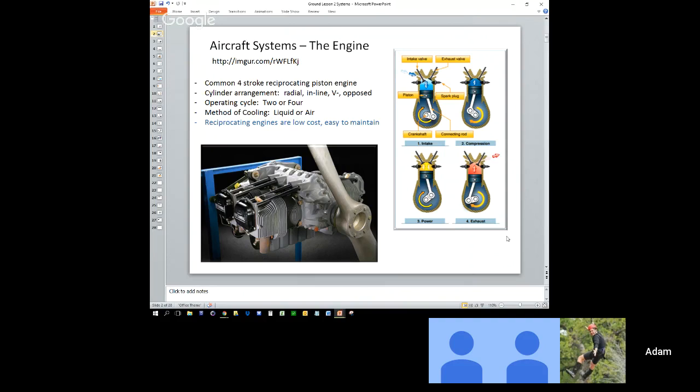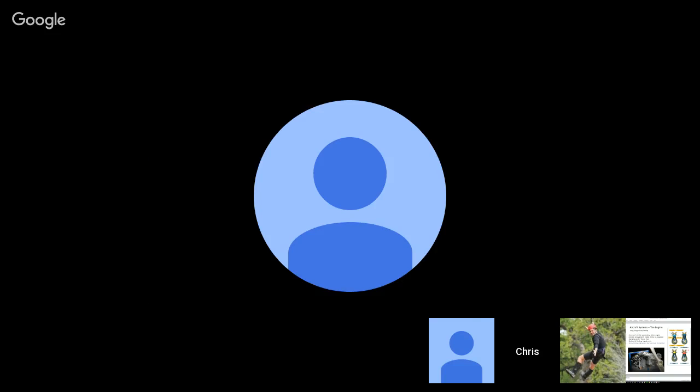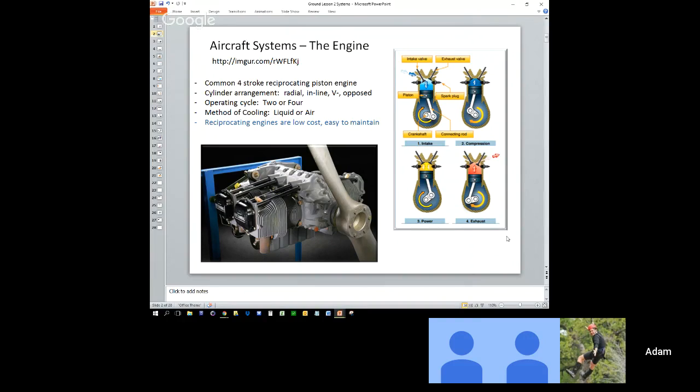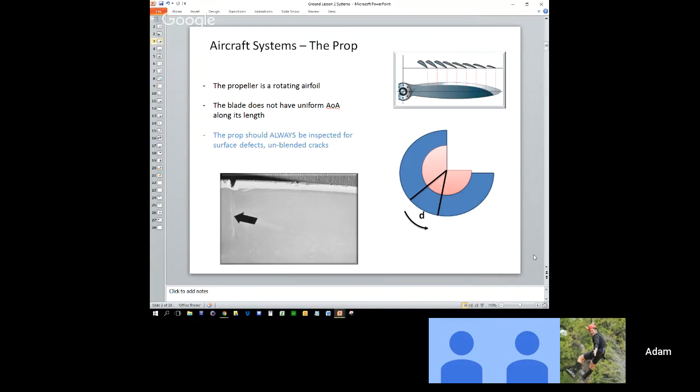And we're gonna learn in a couple slides here that this has significant impact on the operation of the engine and how you fly the airplane, and what you have to look out for when you're piloting the aircraft. And we'll come back to that cooling here in a second.